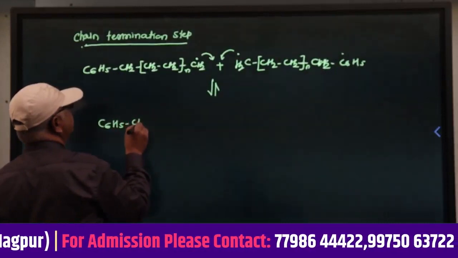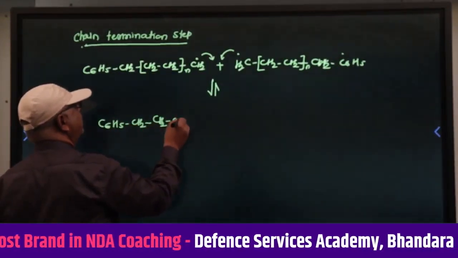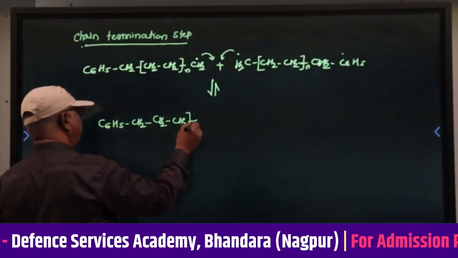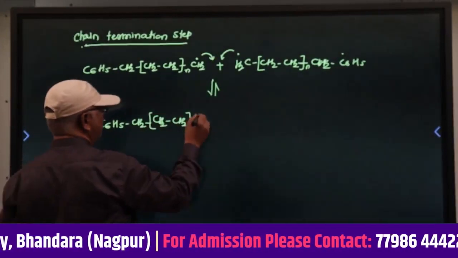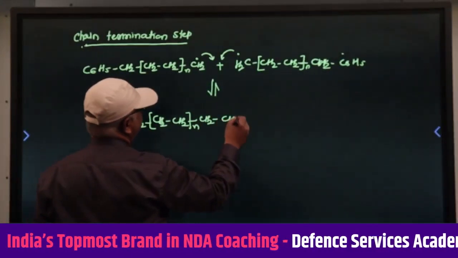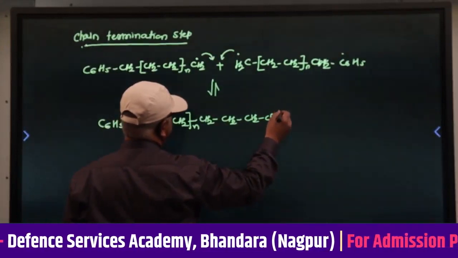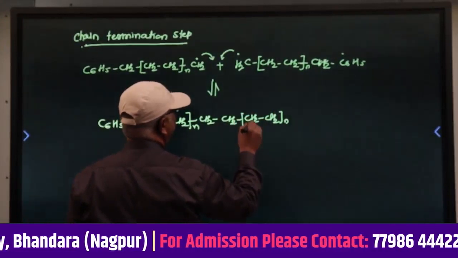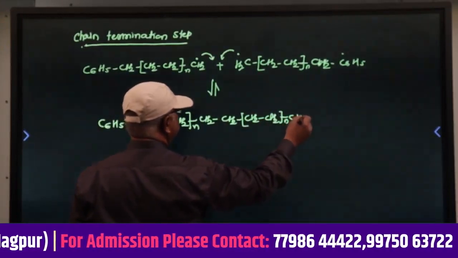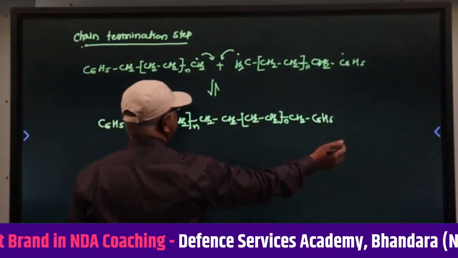C6H5 CH2 CH2 CH2 by N, CH2 CH2 CH2 CH2 by N, C6H5.